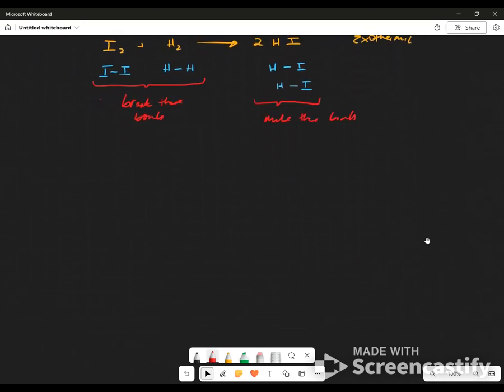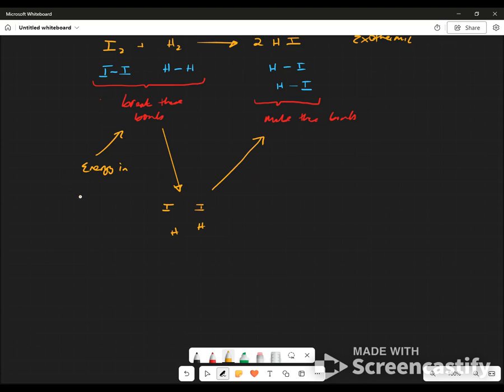In other words, we have to put energy in. When I break them, I'll get an I and an I and an H and an H, and then I form the products, and I'll get HI, HI.